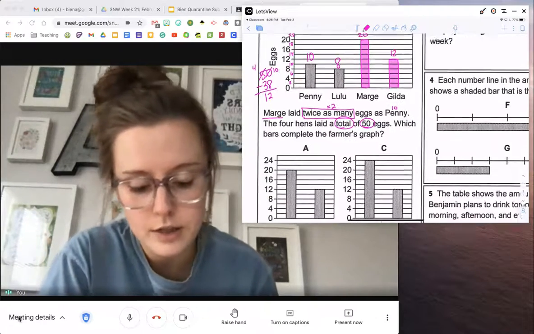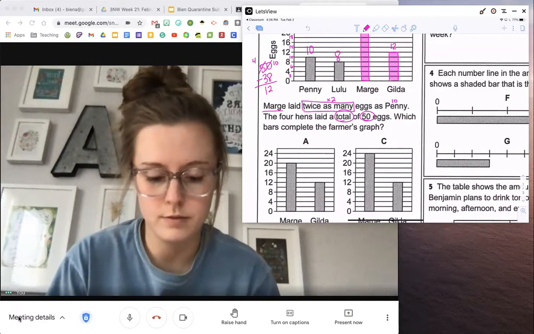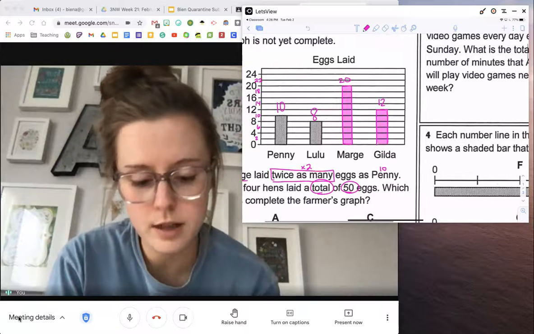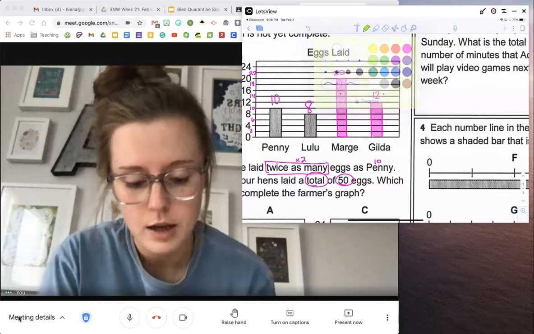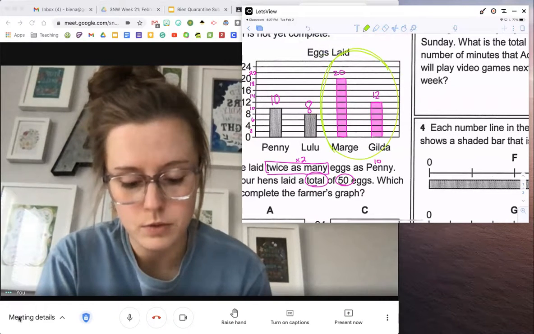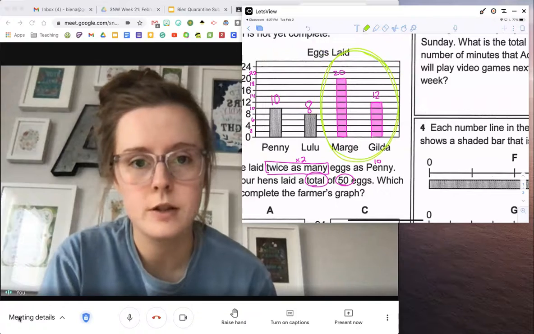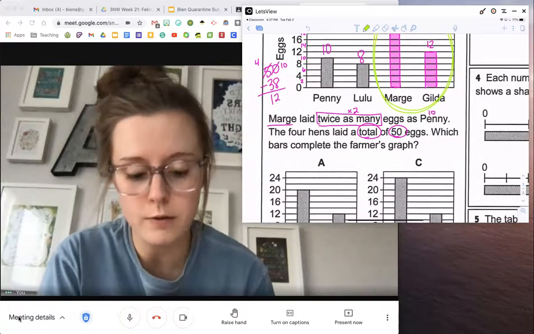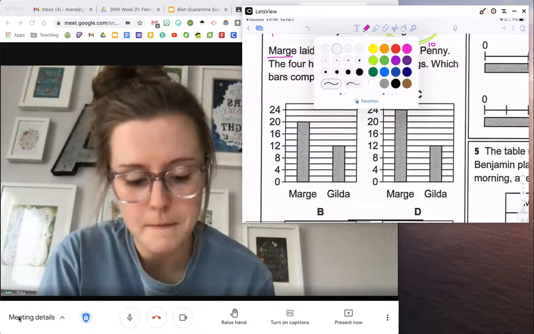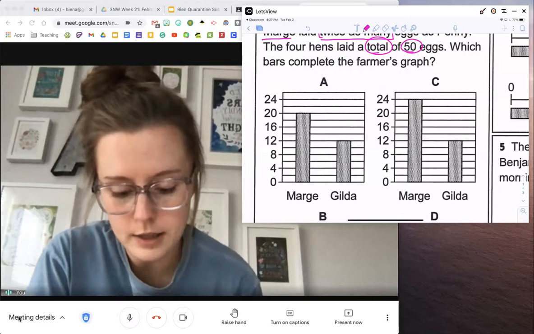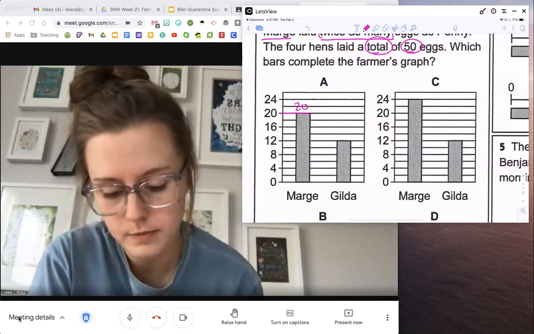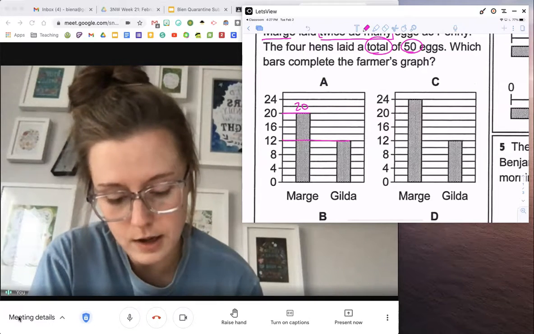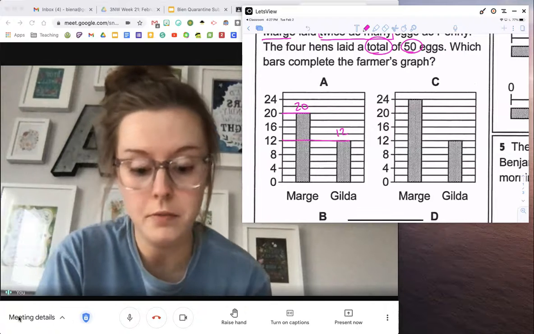All right, and now we need to look and see which one matches. Okay, so they're showing us they only want us to be looking at these 2. So let's see which ones have 20 and 12 for Marge and Gilda. Okay, I see 20. I see 12. Okay, well that was easy.